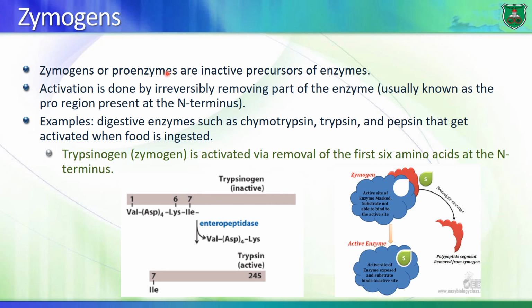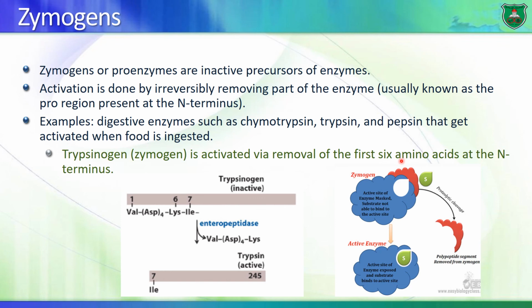This irreversible modification occurs by proteolytic cleavage, meaning that part of the enzyme is cleaved off, and usually it is the N-terminus. A few amino acids at the N-terminus are removed. Usually with these enzymes the N-terminus covers the active site, so it blocks substrate entry into the active site.